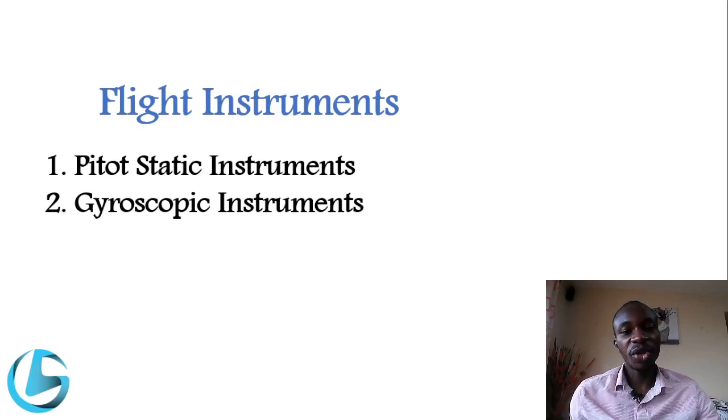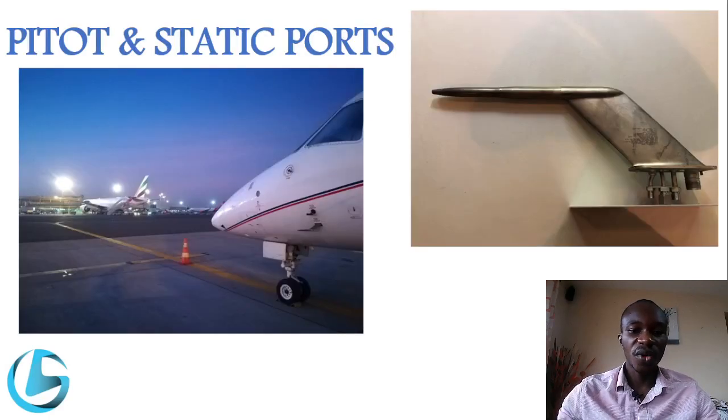So what is a pitot probe, where is it installed on an aircraft, and how does it work? We have two pictures here. In this picture you can see a pitot tube as installed on an aircraft.